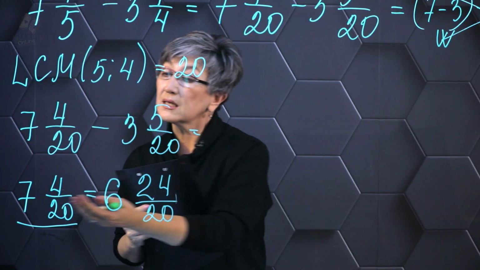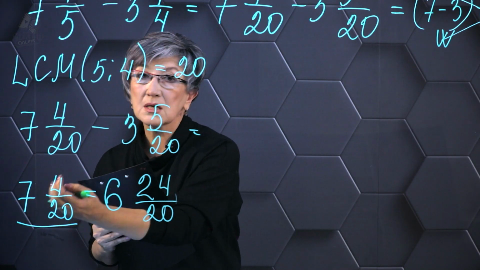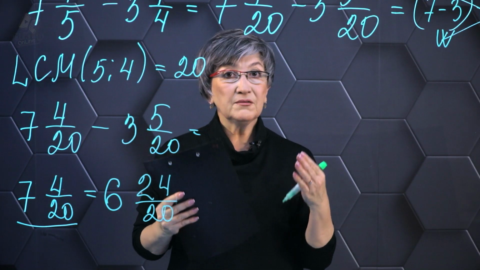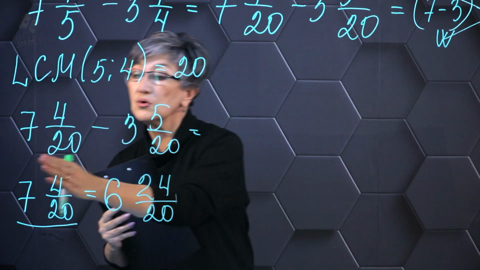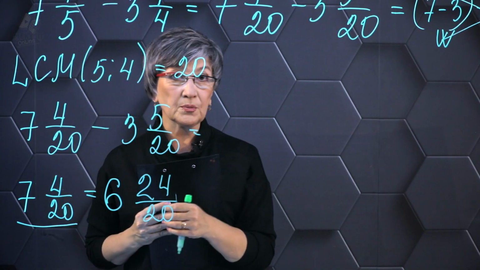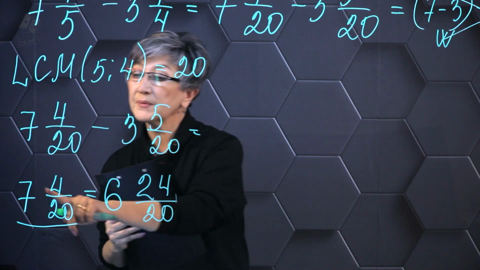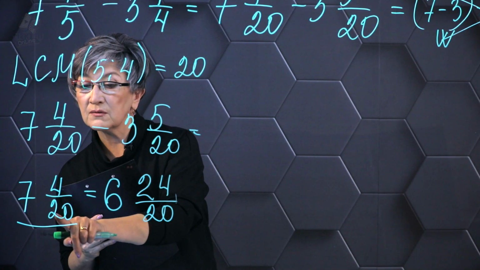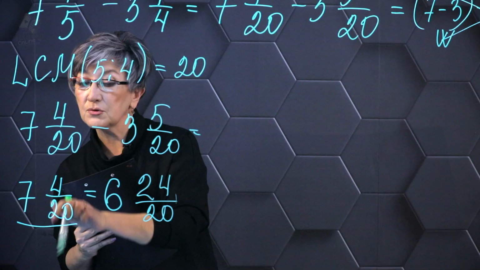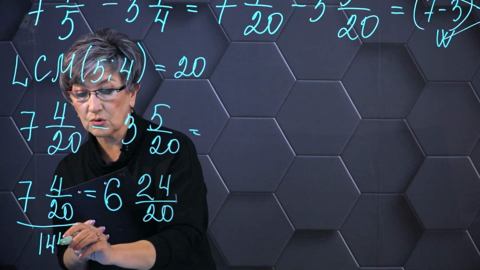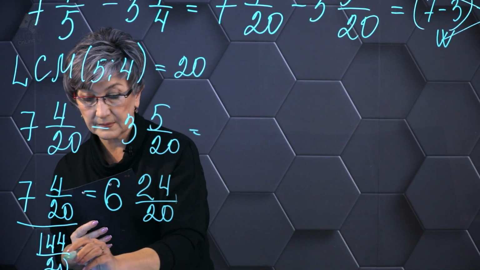Why did I do that? I took away one whole here. If you don't believe me, let's convert this to an improper fraction and see if we got the same number or not. So 7 I multiply by 20, that would be 140, and plus 4. That would be 144/20.